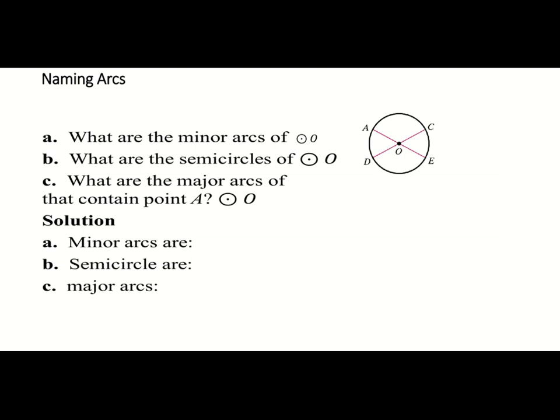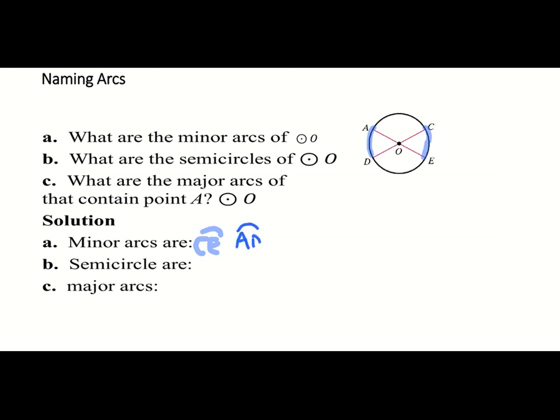All right, so here we're going to look at the circle and name the minor arcs, the semicircles, and the major arcs. Remember, minor arcs are less than 180 degrees. So if I look here, I can see right away that CE is a minor arc. It is less than 180 degrees. And then also arc AD.